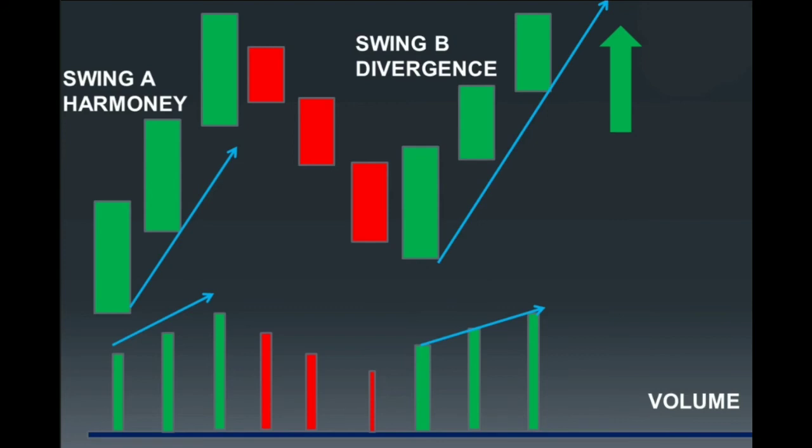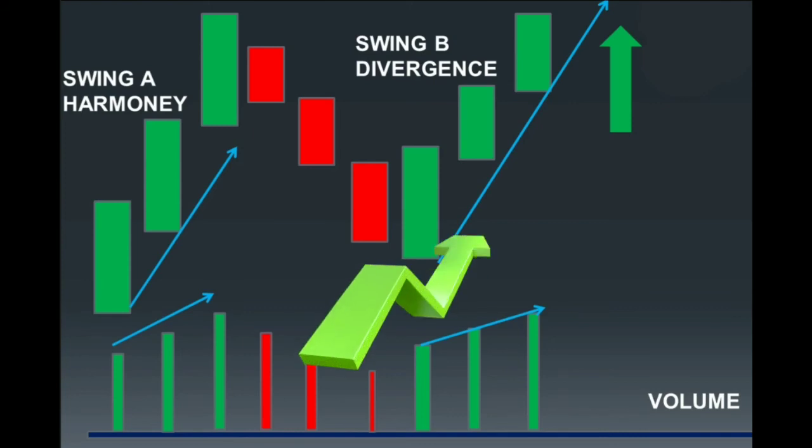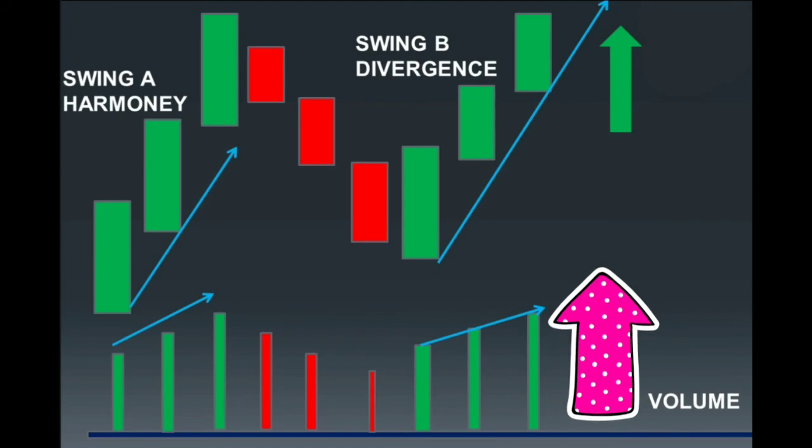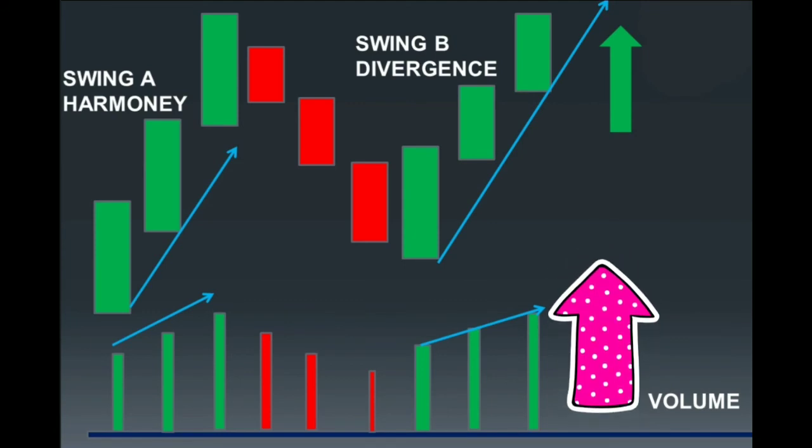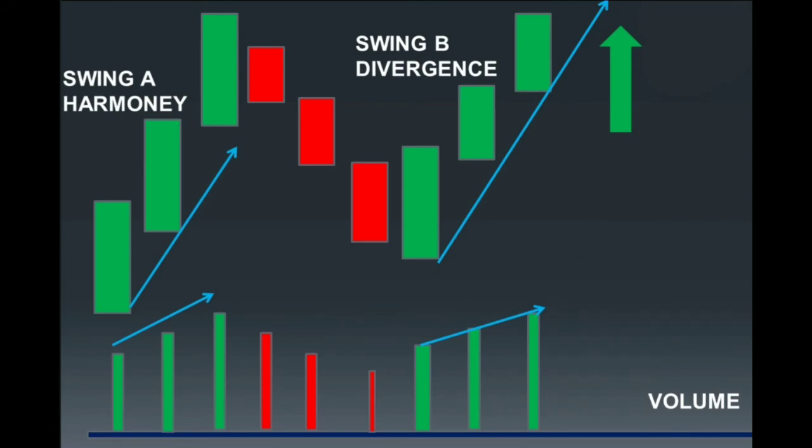Here are the general rules for interpreting volume to determine the health of a trend. Volume harmony with price and proportionality. 1. If price is rising and volume is rising, it means the market is strongly bullish. 2.